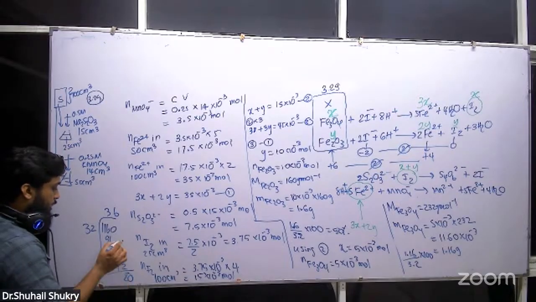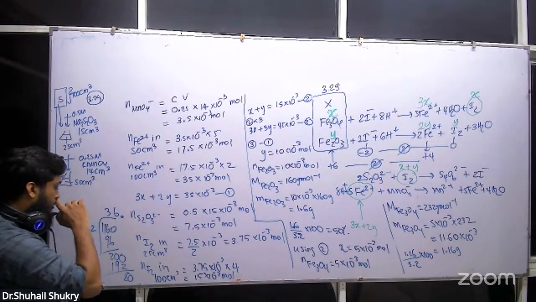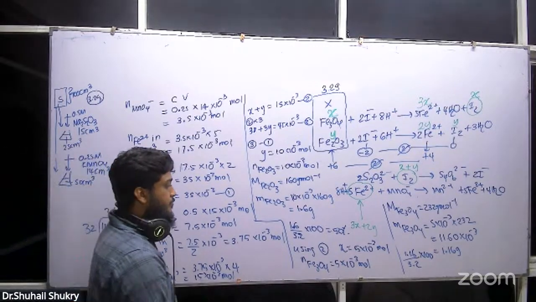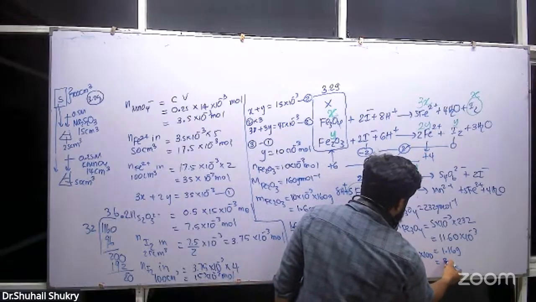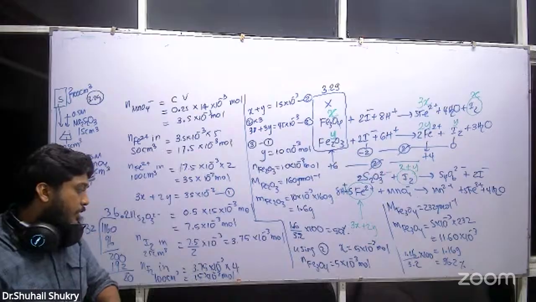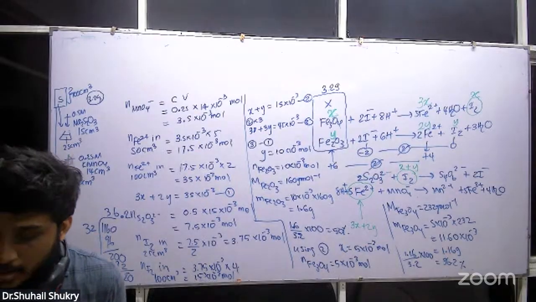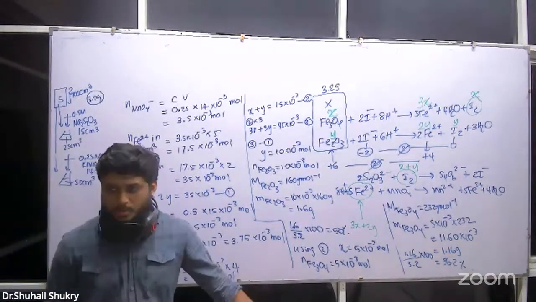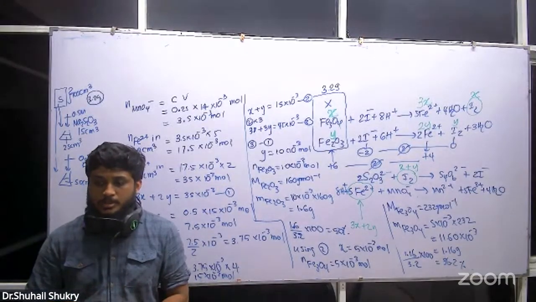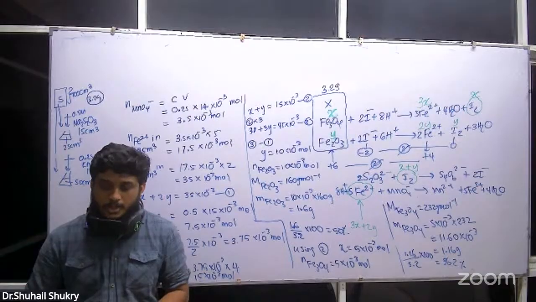For 80 I can put nearly 2. Nearly 36.2%. Okay. The inert substance is the remaining one. Again, son, you can do this yourself. If you try, you can understand and do this. Right? Okay.